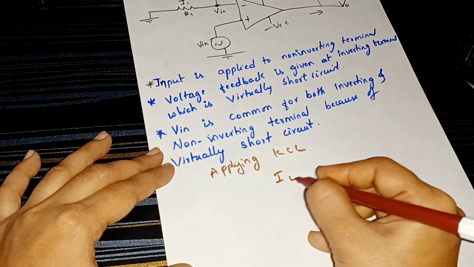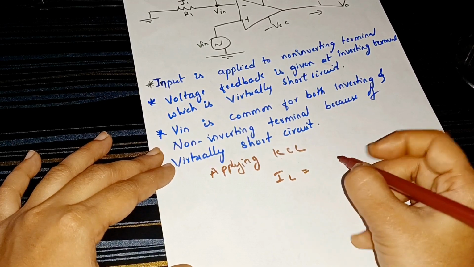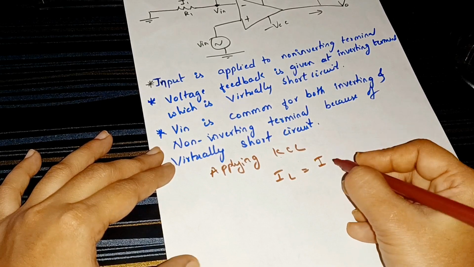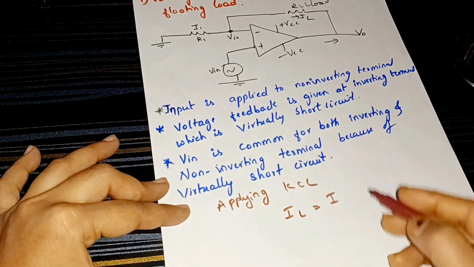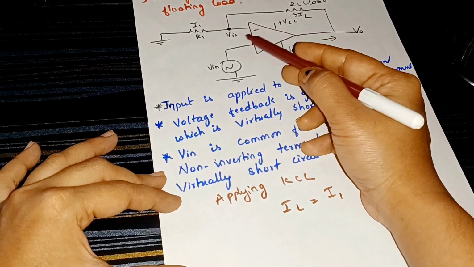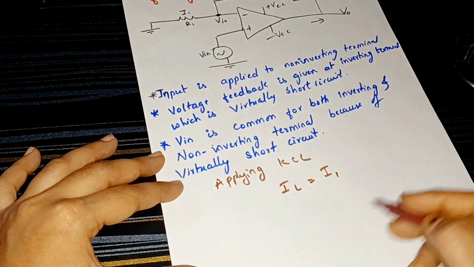we get the current at the load equal to the current passing through resistor R1, because there is no current flowing into the op amp, so we take it as 0.